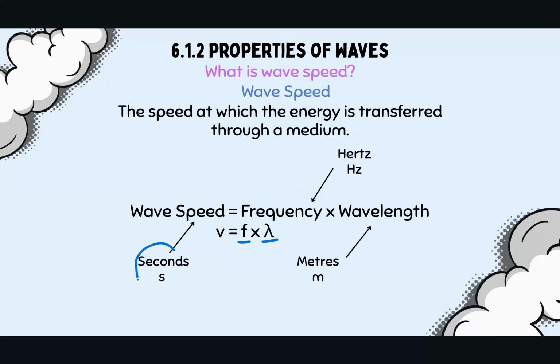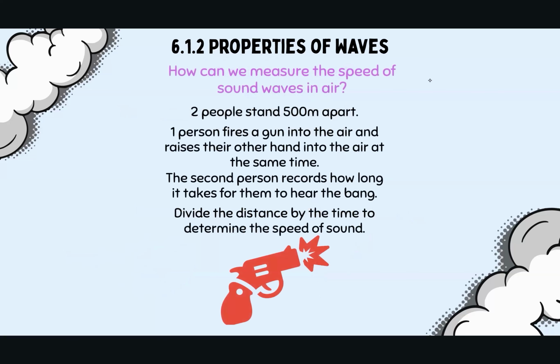Again, don't forget wave speed is actually meters per second. Wavelength is meters and frequency is in hertz. So make sure wavelength is always measured in meters.